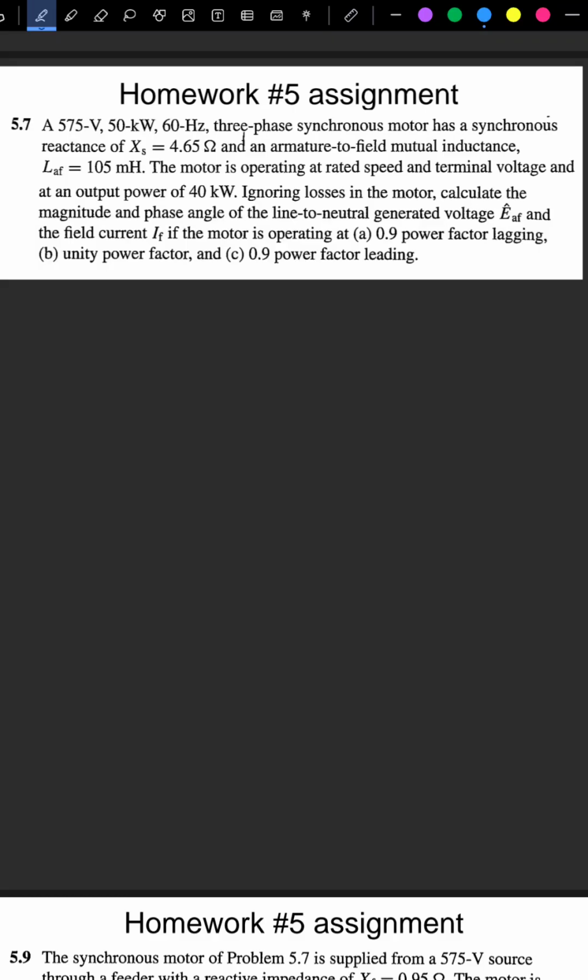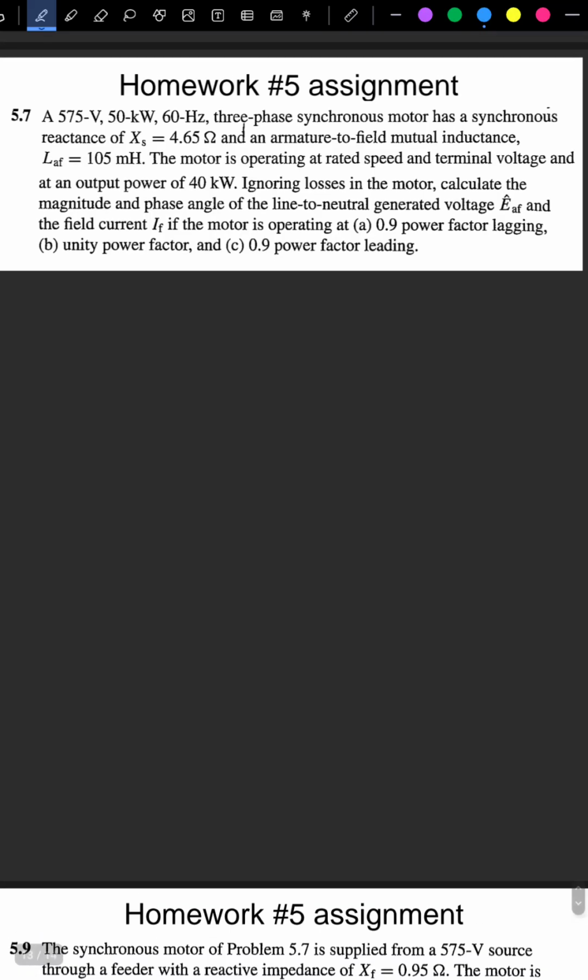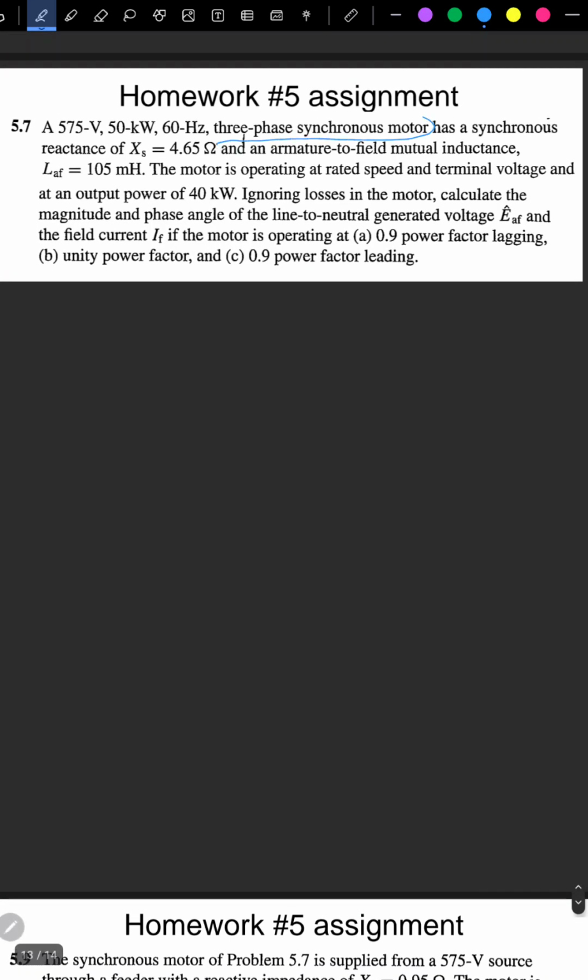So first, let's read a 575 volt, 50 kilowatt, 60 hertz, 3-phase synchronous motor. Remember, 3-phase synchronous motor, so we already know that we're reading it at the motor reference. It has a synchronous reactance of XS equals 4.65 ohms, and an armature to field mutual inductance LAF of 105 millihenries.